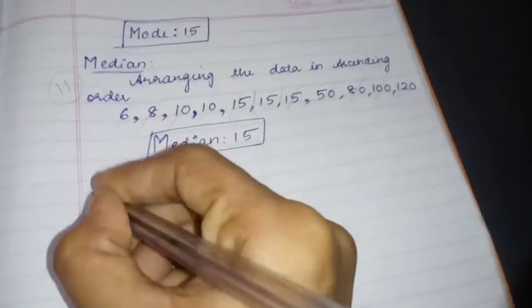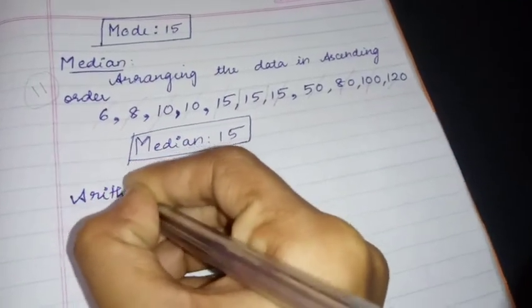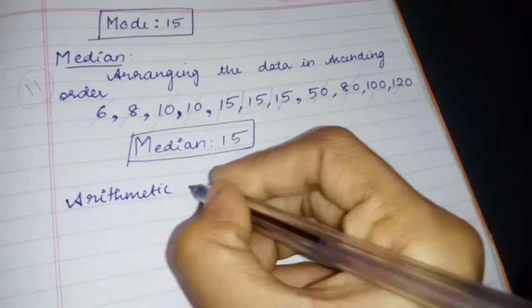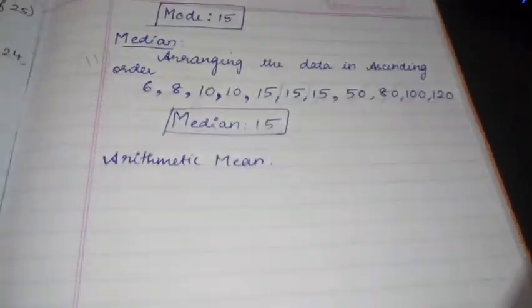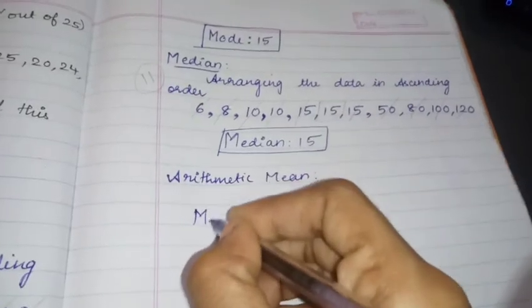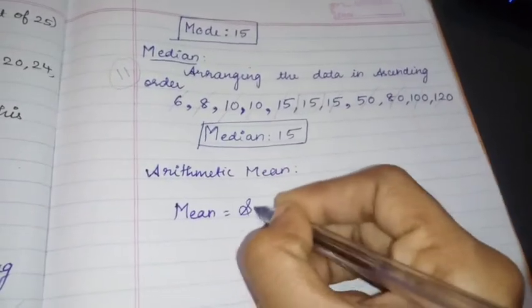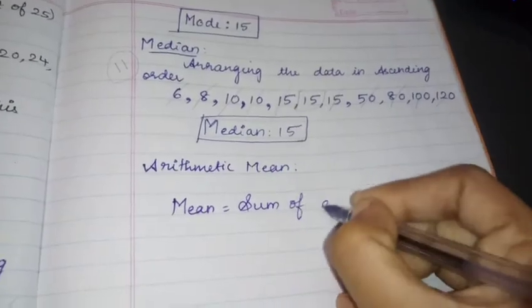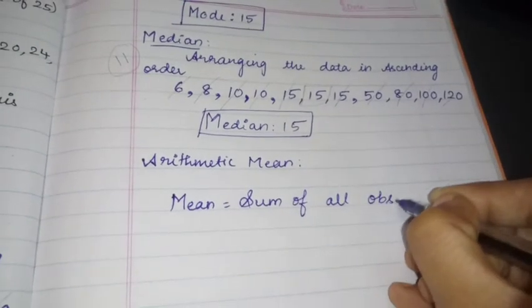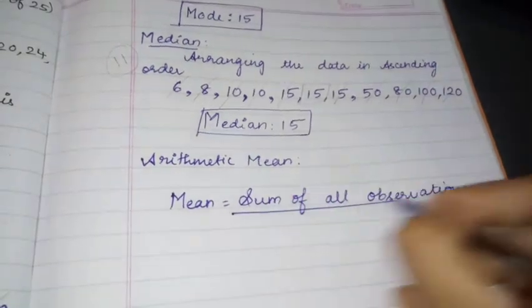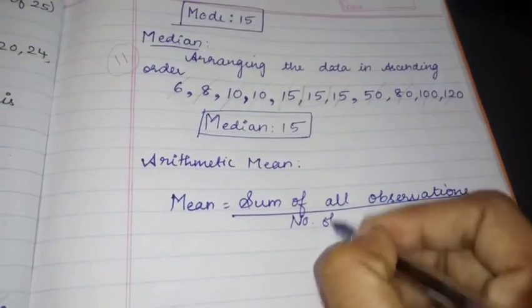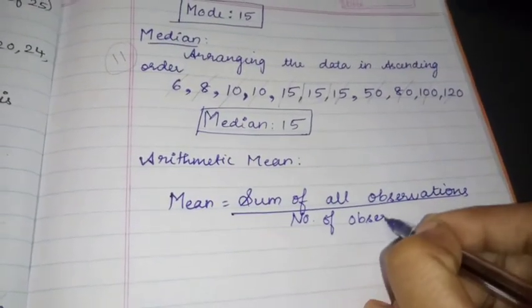Okay. Next, what should you find? Arithmetic mean, or you can write mean alone. What is the formula for mean? Sum of all observations divided by number of observations.